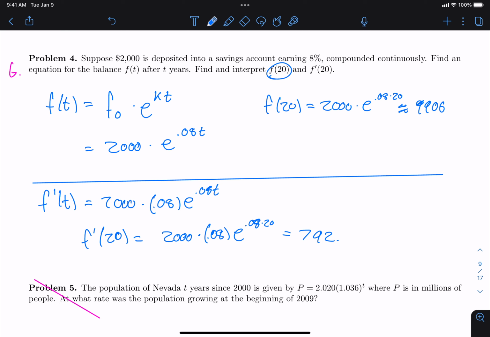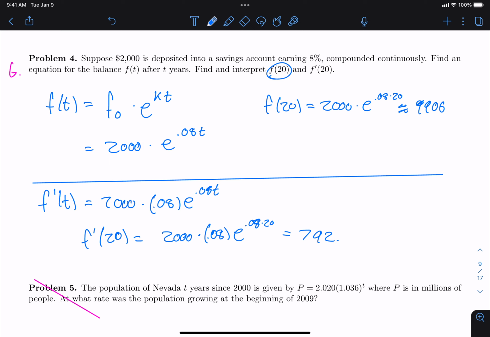Another way of saying it would be to say at the 20-year mark, my bank account is growing by about $792 per year. That's the rate at which my bank account is increasing at that particular moment.